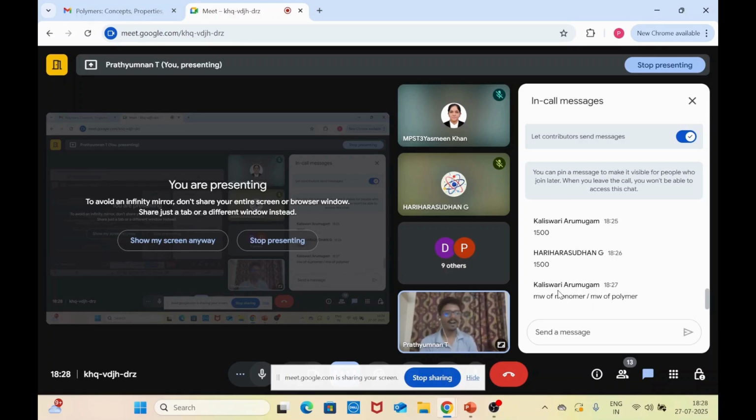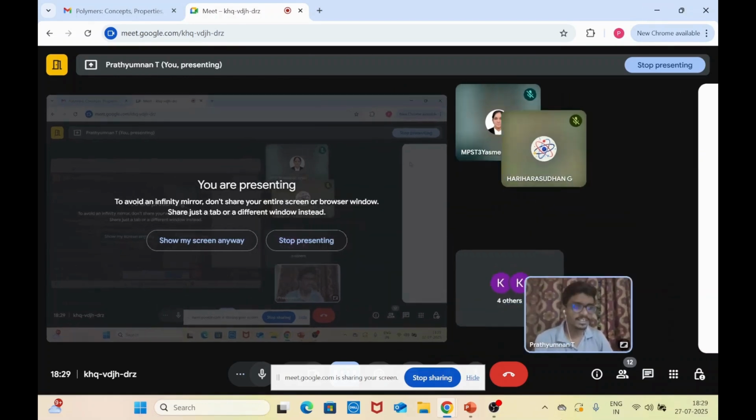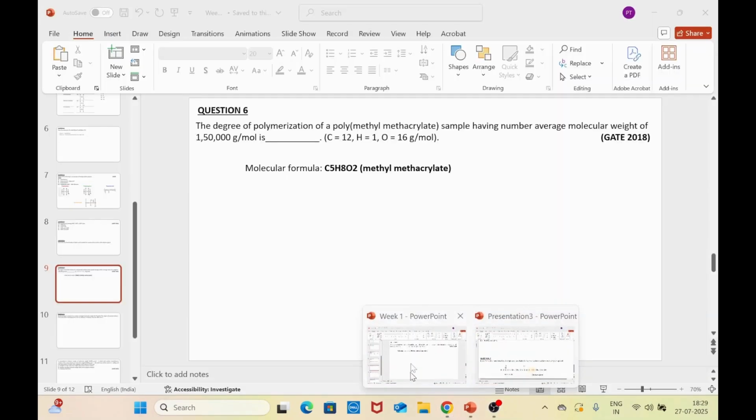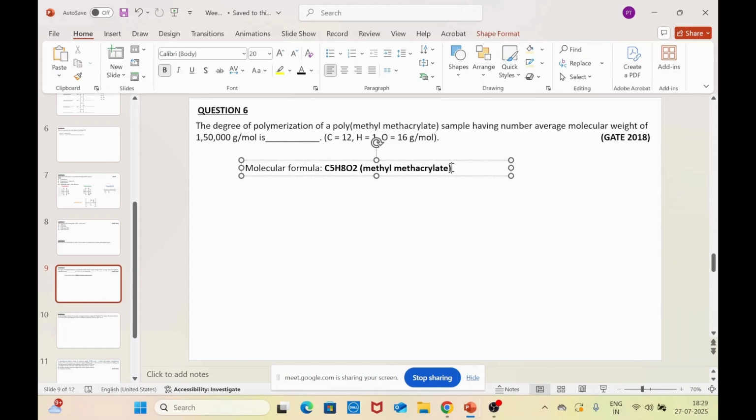What you have written in the chat box, is it the molecular weight of monomer by molecular weight of polymer? Polymer by polymer, okay. So what is the molar mass of this repeating unit coming out as?